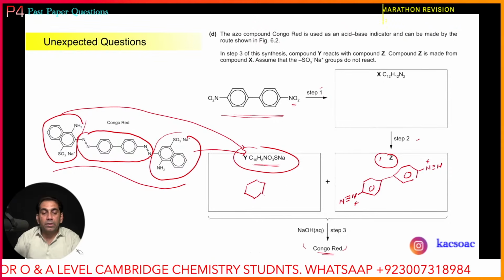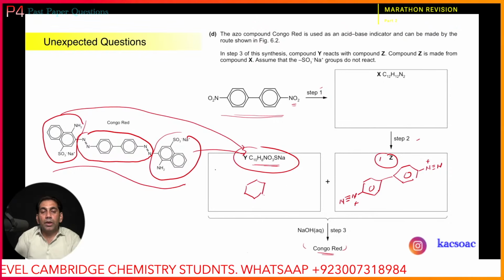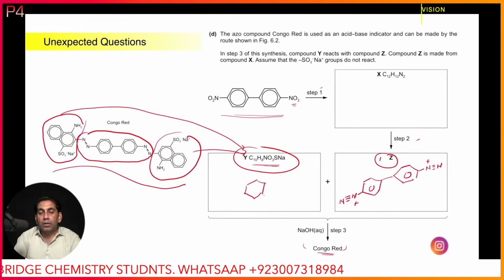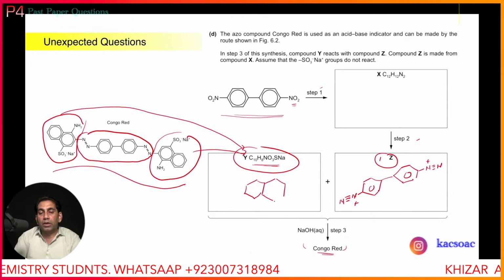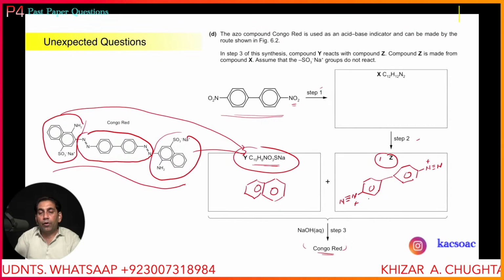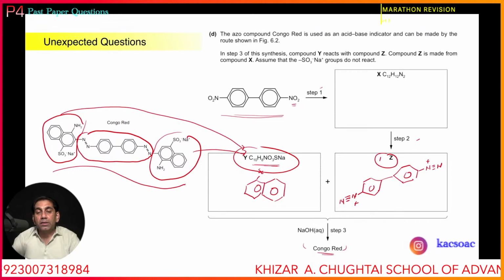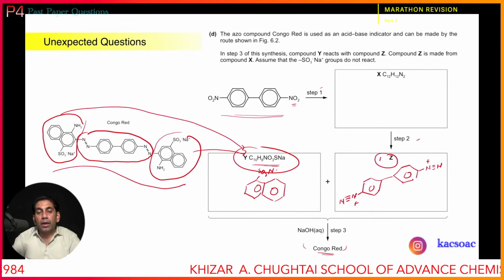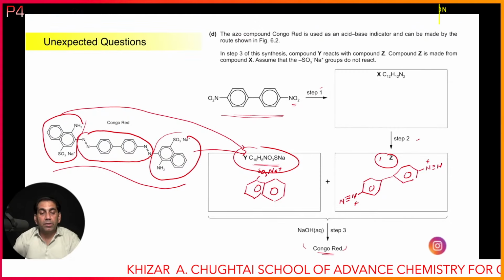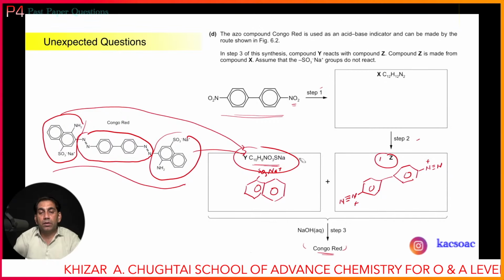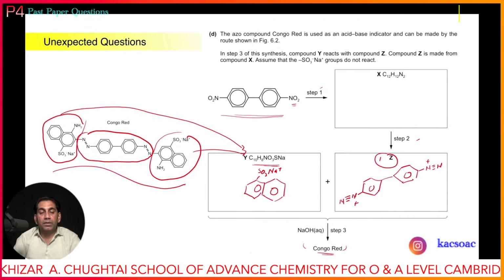So, hexagon structure. Both of these are hexagon structures. Yes, it's the hexagon. And don't forget to mark this circle. So here is SO3 Na positive. Let me erase this line first. It's positive, right?